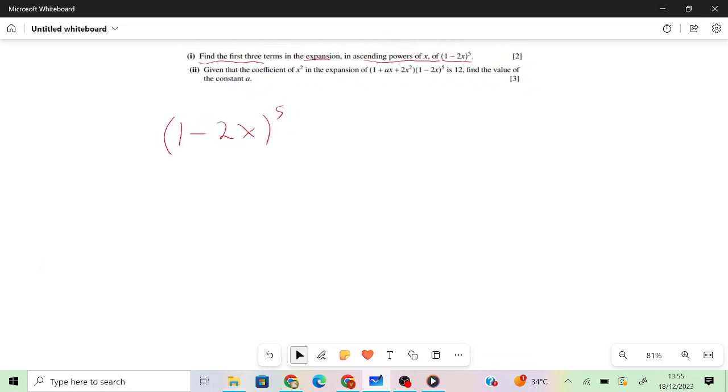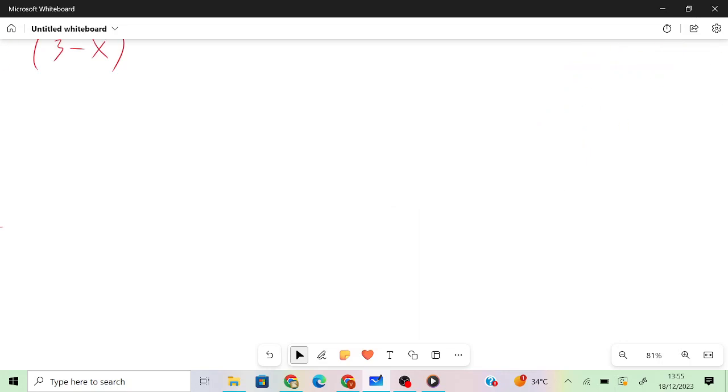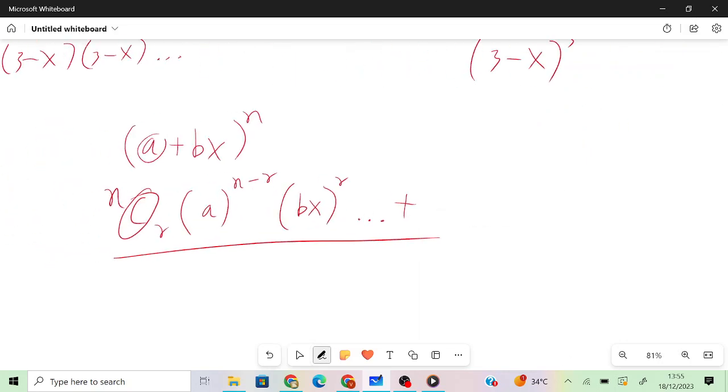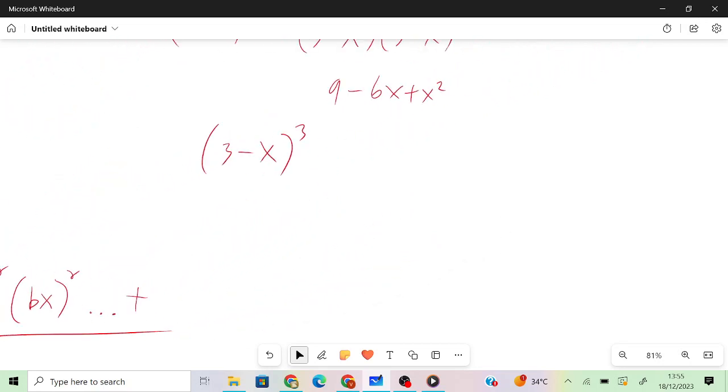First step is always to write down 5 combination 0. Always starts with 5 combination 0. Sorry, not 5, n combination 0, just that in this case our n is 5. But always start with n combination 0. And as our formula suggests, the next thing we do is that we multiply that by one of the terms inside, most likely the term that's independent of x, and in this case it is, and take that to the power of n minus r.